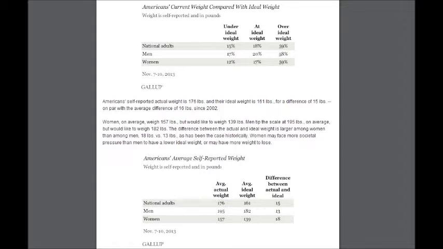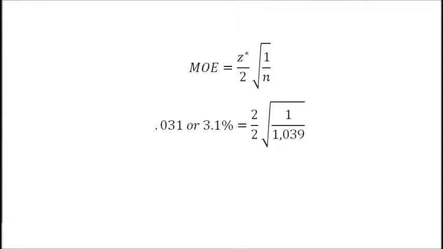To calculate the margin of error for the total Americans at each level, disregarding men and women separately, we need to use the formula that uses confidence intervals. The top equation below is the general formula to calculate the margin of error. N in the equation is the sample, or the participants, which in this case was 1,039 Americans.